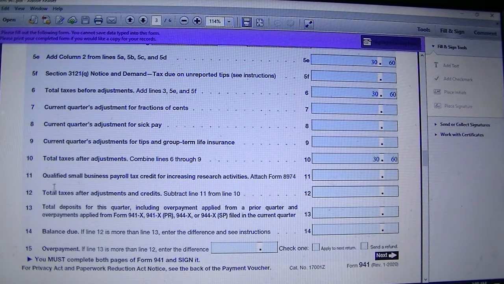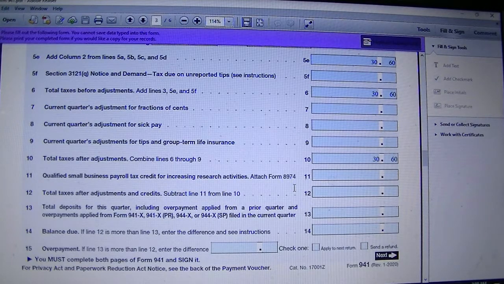Line 11, qualified small business payroll tax credit for increasing research activities. Attach Form 8974. So if you have a small business payroll tax credit to claim, you will use Form 8974.